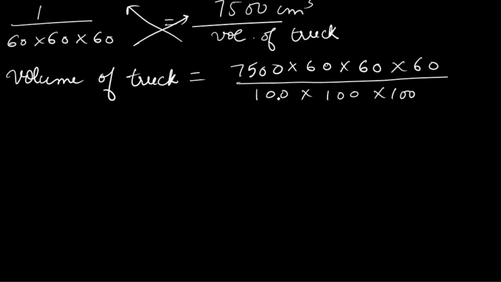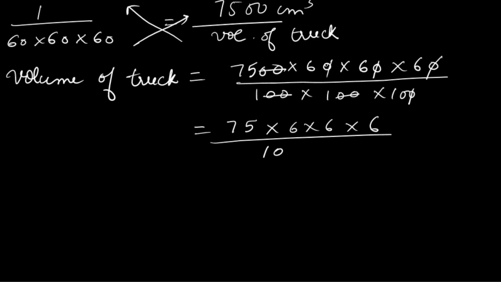We have divided, so cancellation we can do. Here 2 zeros we can cancel. Here also next 2 zeros we can cancel. 1 zero we can cancel here. So what we are left with? Do the calculation here. I am left with now 75 into 6 into 6 into 6 into 6 by 10.